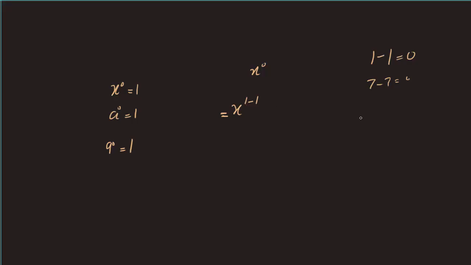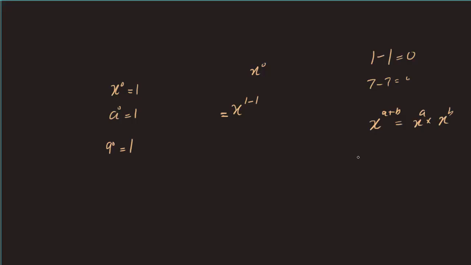And we know that whenever we have a variable whose power is in the form of addition or subtraction, for example x power a plus b, that will be equal to x power a multiplied by x power b.